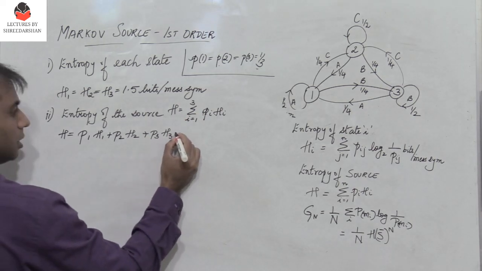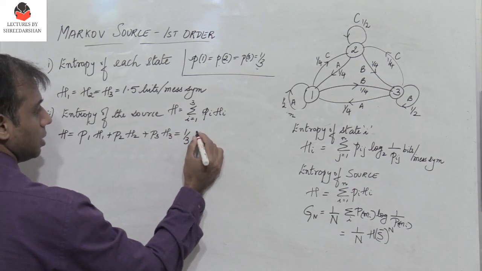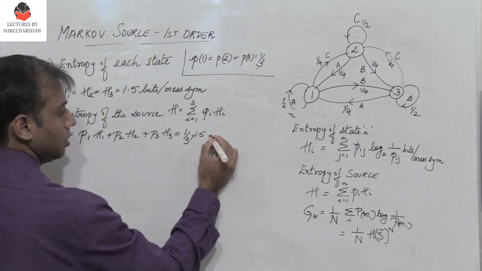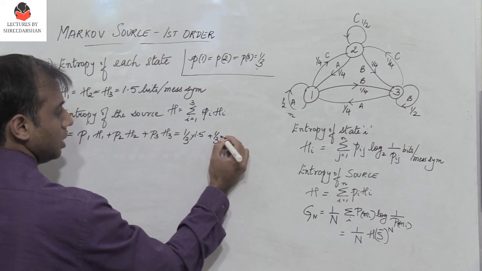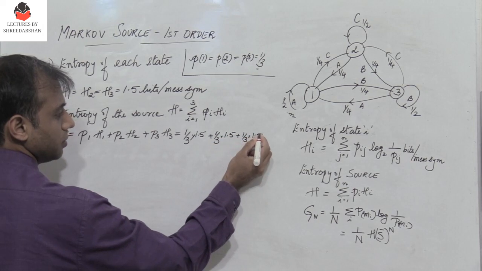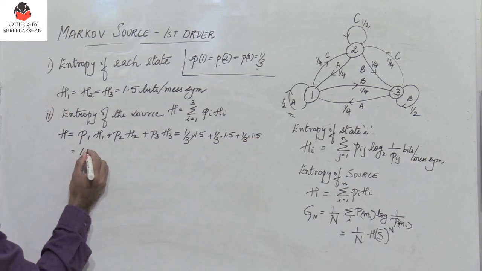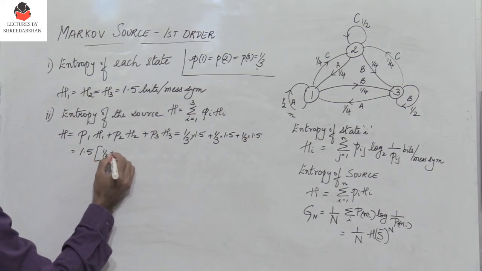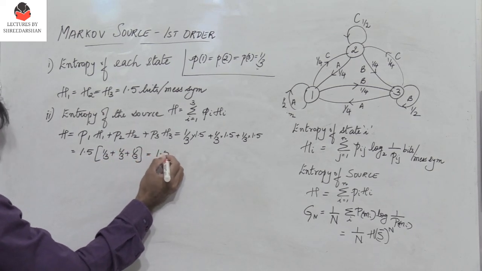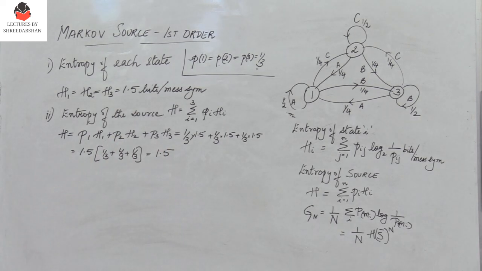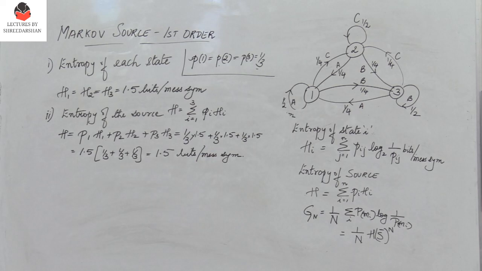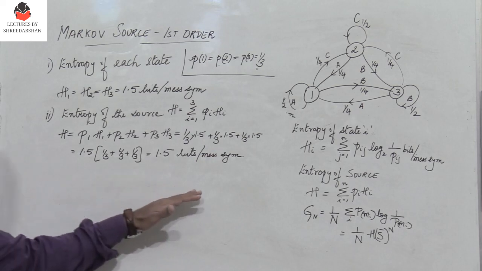So here I have 1 by 3 into 1.5, because H1 is 1.5, plus 1 by 3 into 1.5 plus 1 by 3 into 1.5. So I can take 1.5 common, I get 1 by 3 plus 1 by 3 plus 1 by 3, which is 1.5. Again, bits per message symbol. So we have found out the entropy of the source, which is very easy.